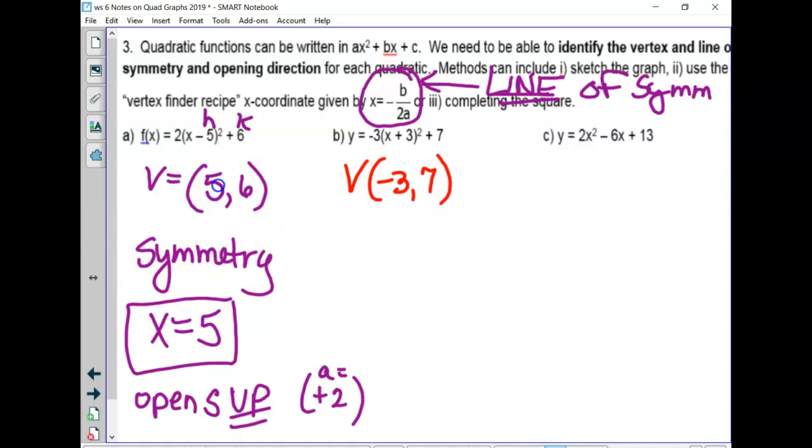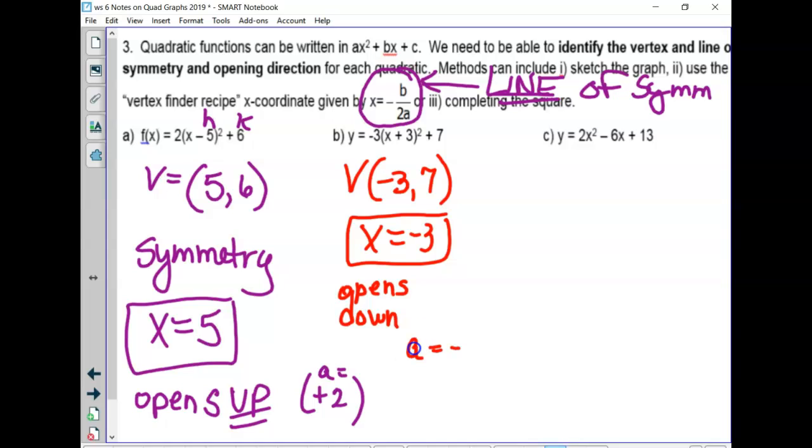It was just x equals negative 3. There we go. And who can tell me what direction it opens? Brandon? Good job. And why is that? Because A is negative 3.